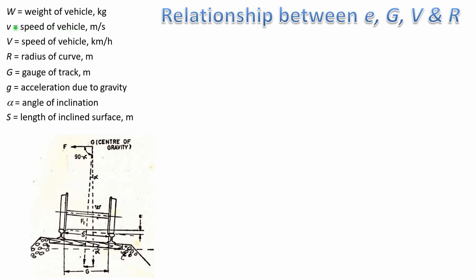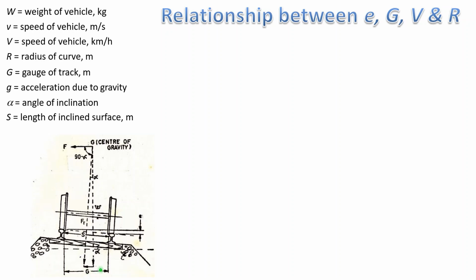If it is small v, it is in meters per second, and capital V represents the speed in kilometers per hour. Then R is the radius of the curve in meters, G is the gauge of the track, small g is acceleration due to gravity, alpha is the angle of inclination of this track, and S is the length of the inclined surface. So the length of the inclined surface becomes S, whereas G becomes the gauge length.